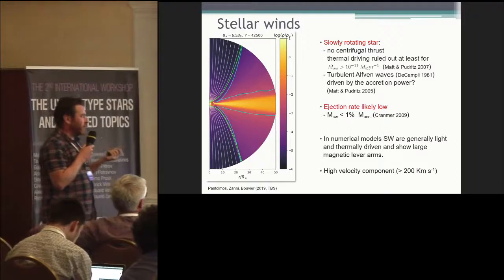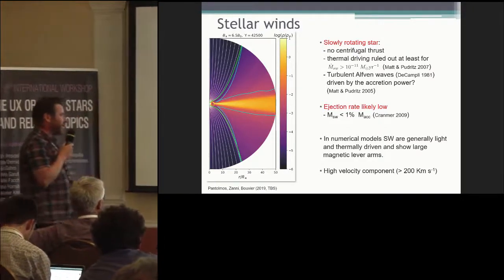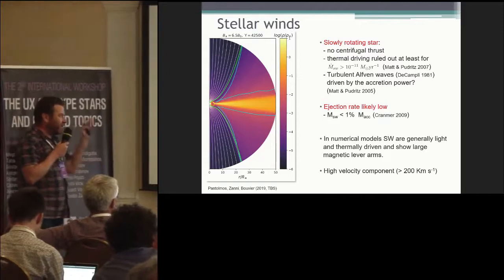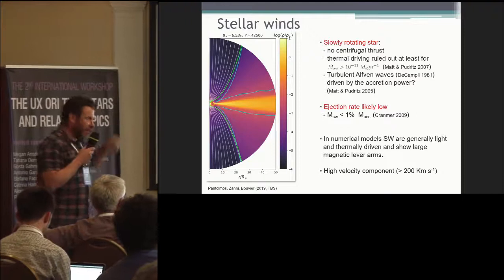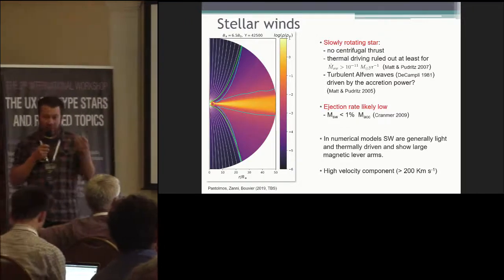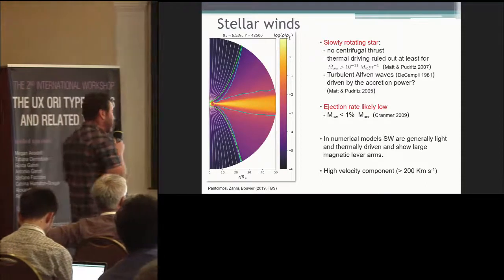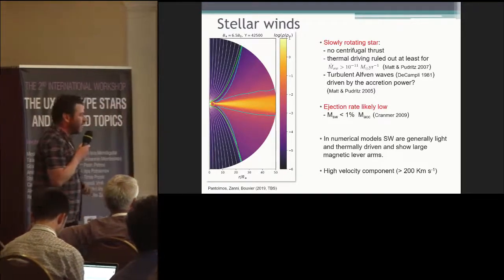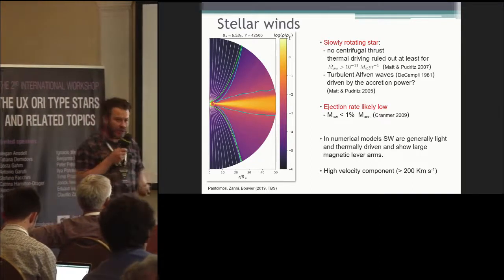Thermal driving, the thermal pressure as an acceleration effect, is essentially ruled out, at least for mass loss rates larger than 10 to the minus 11 solar masses per year. That would produce too much emission, in particular too many X-rays, totally incompatible with the X-ray emissions of these stars. So if you want something more massive, we have to add some other ingredient.